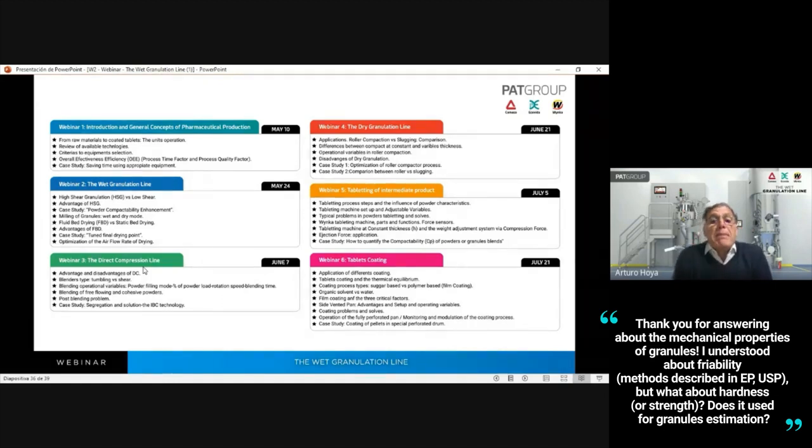If the compactability of the intermediate product is high, you will need low pressure to obtain a high hardness or high strength. If the compactability is low, you will need high pressure to obtain a tablet with high hardness or tensile strength.